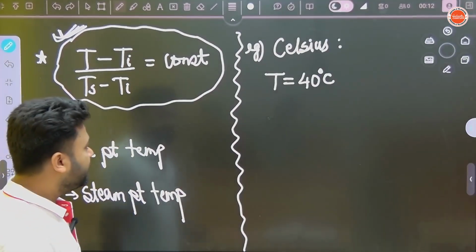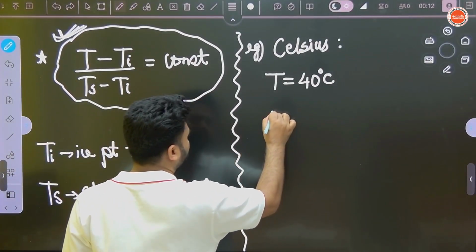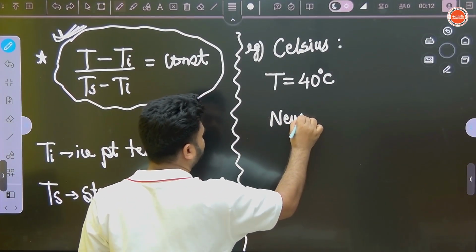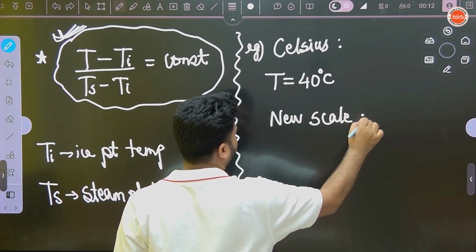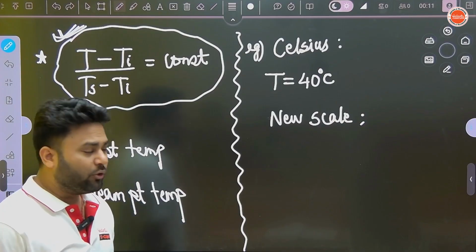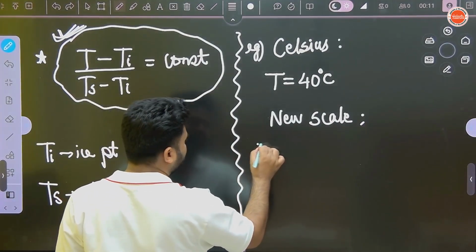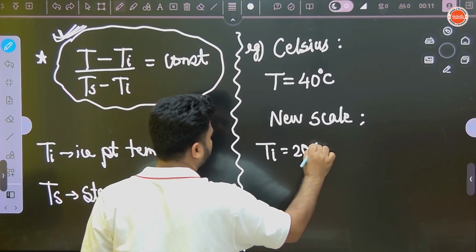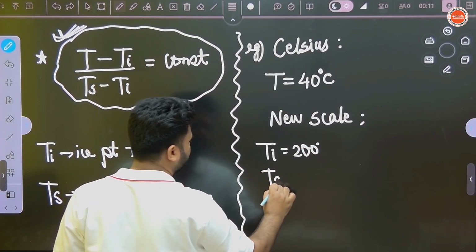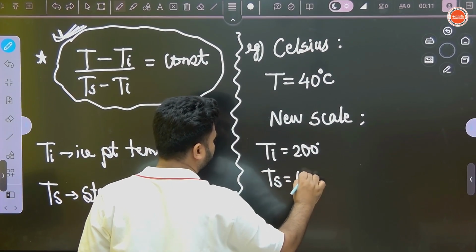Correct? There is another scale, one new or different scale, like we have different kinds of scales, Kelvin scale, Fahrenheit scale. There is some new scale where ice point temperature is 200 degree and steam point temperature is 400 degree.